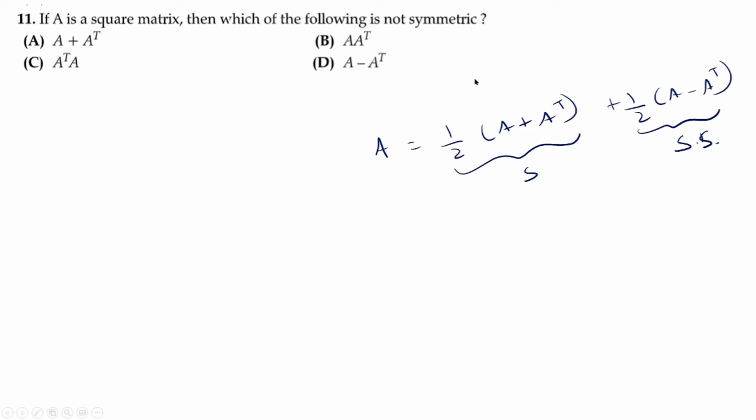So here we can see A minus A transpose is not symmetric, it is skew symmetric. Among all these, if we take the whole transpose, again we will get this as symmetric. Again if we take this whole transpose, we will get this as symmetric. Only this one is skew symmetric. So the correct option is option D.